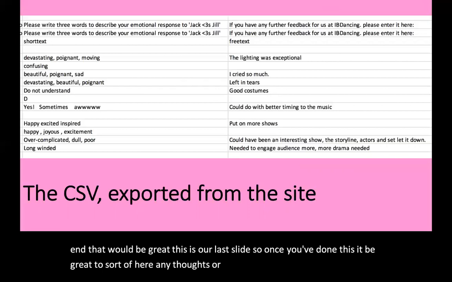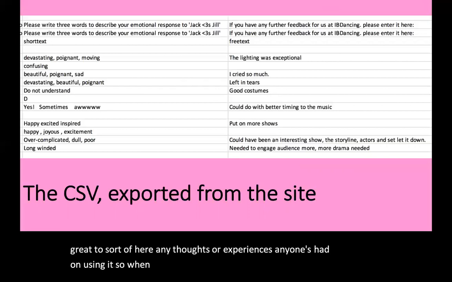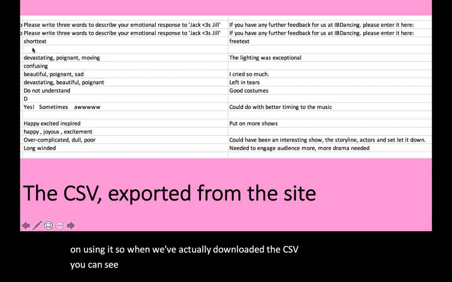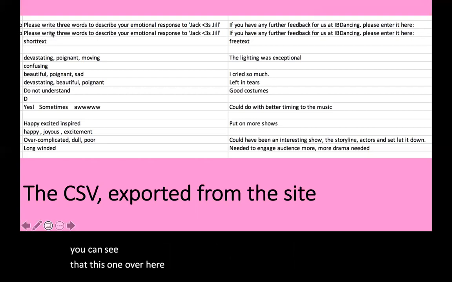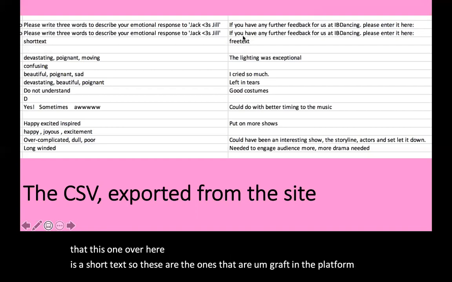When we've actually downloaded the CSV, you can see that this one over here is a short text. So these are the ones that are graphed in the platform, and free text, these are the ones that are not.